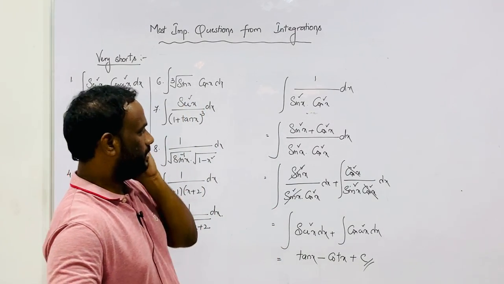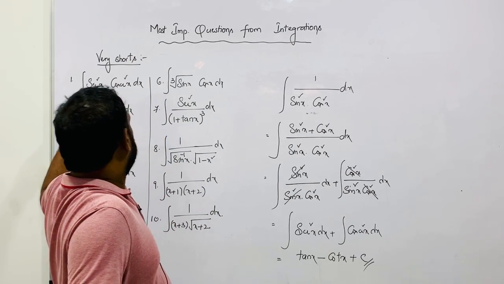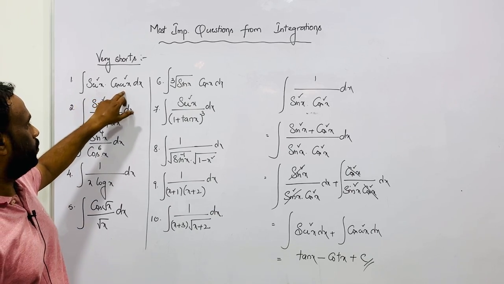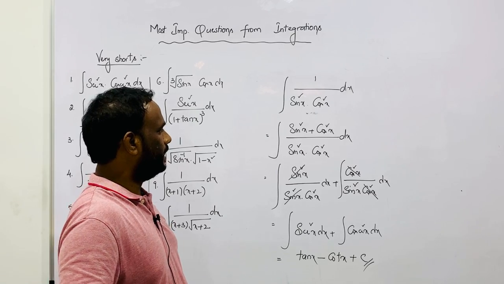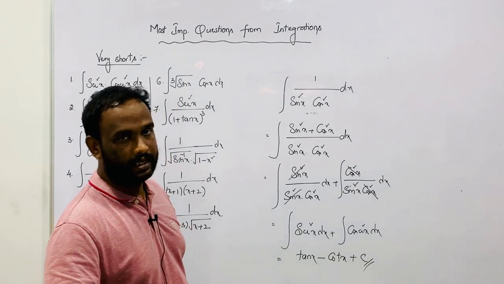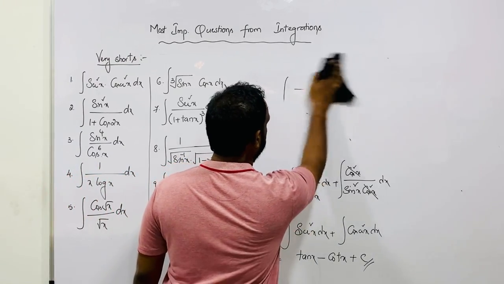So by using simple trigonometric conversions, you can convert the integral of secant square into cosecant square dx into the corresponding sin and cos ratios, then you can get the result very easily. Hope this question is clear.